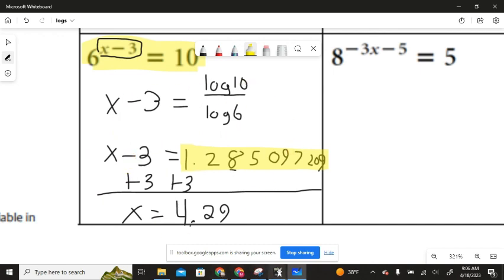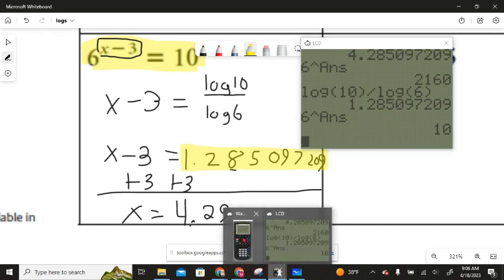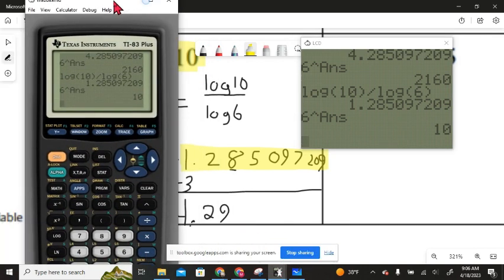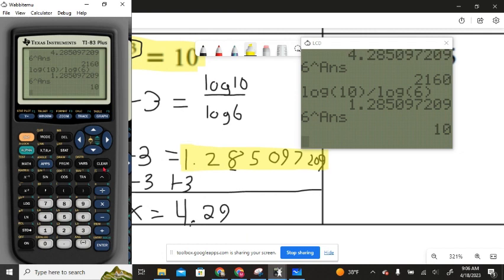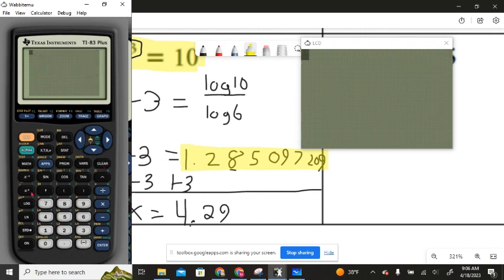Now, please note, when I went through and checked this, I probably bugged you and myself out. But it's important to know when we did that original log of 10 divided by log of 6, this is the actual exponent that takes 6 to the power of this to get to 10.